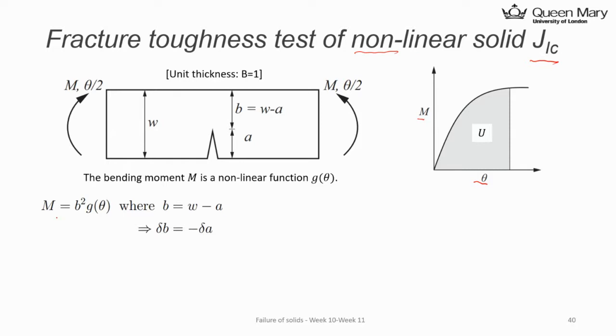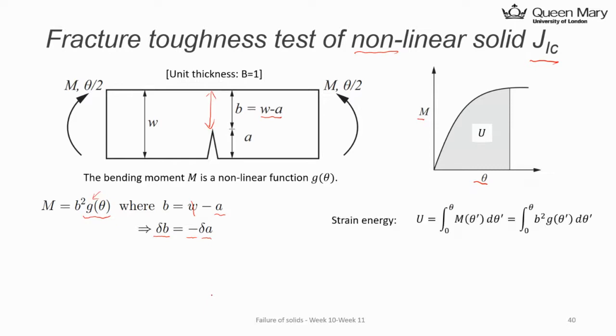So here you will find M can be a function of b, where b is the distance here, W minus a, a is the crack length, times a function of theta. That's just an assumption here, but it's valid. When you do the derivative over b, you'll find you'll cancel that out.